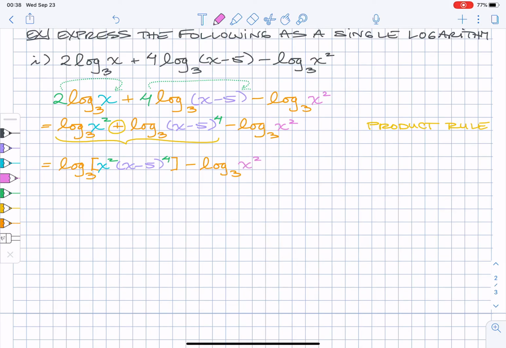So now we have a difference, right? So now that we have the difference between two logarithmic terms, with the same base, this will now be the quotient rule.